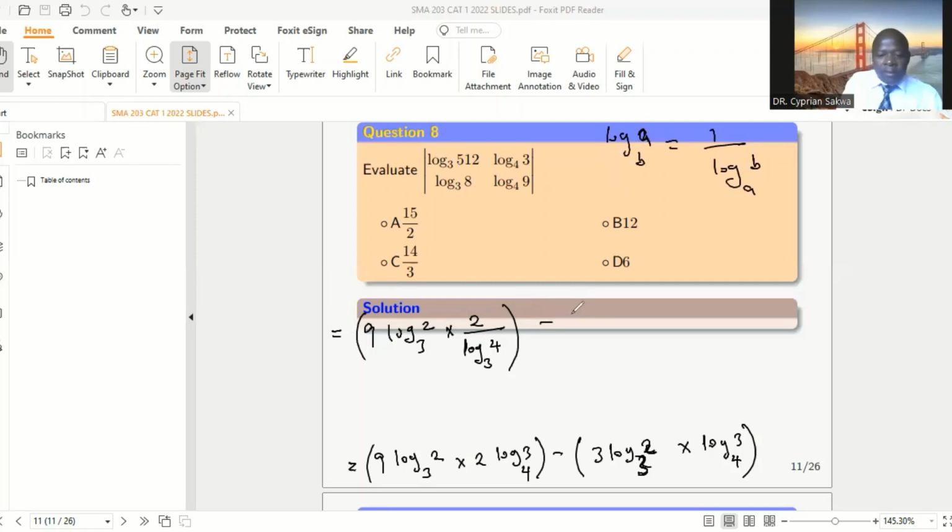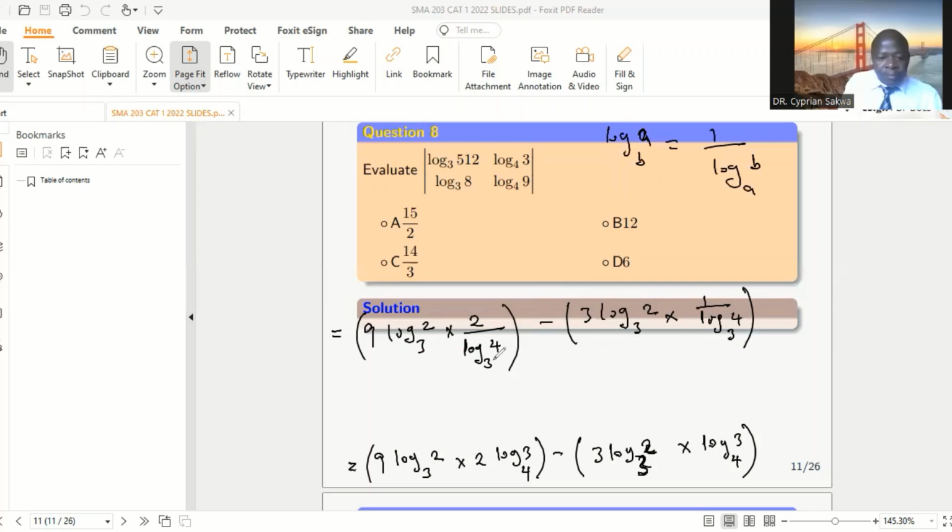Then minus, I want to change this base, 3 log of 2 to base 3 multiplied by 1 out of log of 4 to base 3.